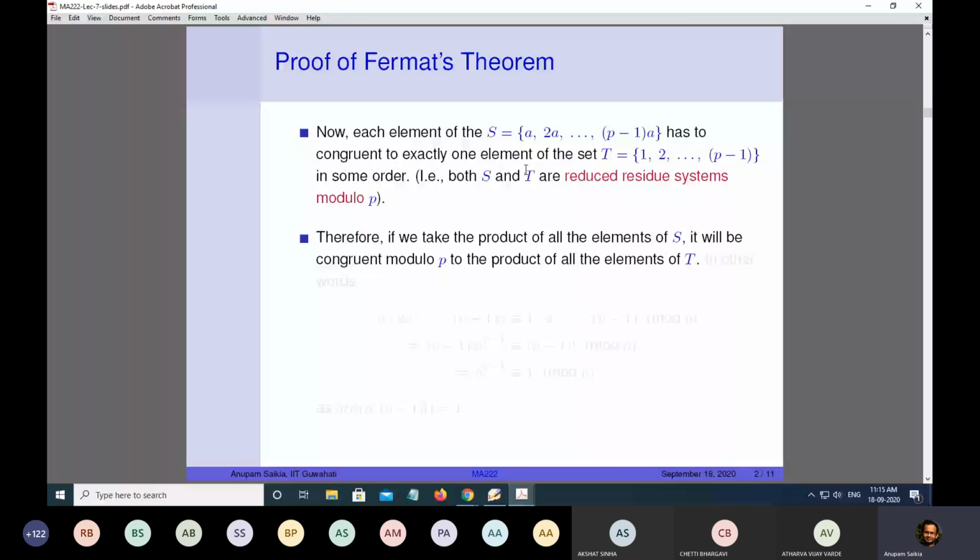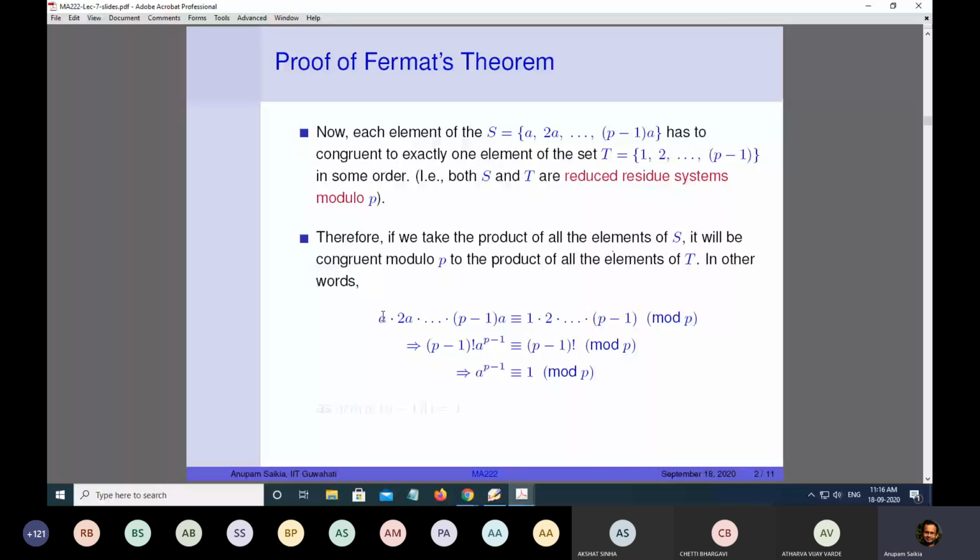So if individually the factors satisfy a mod condition, say x1 is congruent to y1 mod p and x2 is congruent to y2 mod p, then x1x2 is congruent to y1y2. So if we take this product from the first set and the product from the remainder set, they will be equivalent mod p.